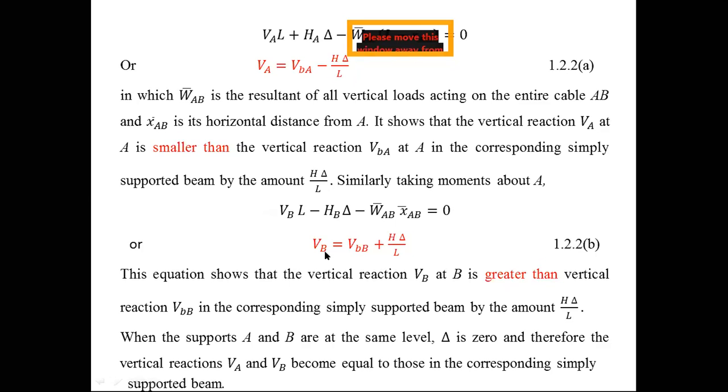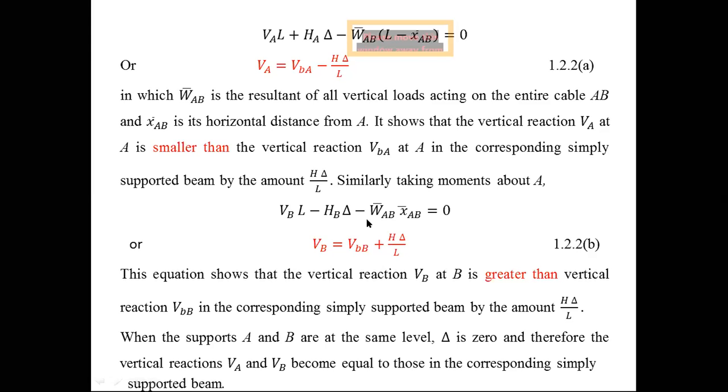Therefore, the effect of uneven supports, reflected by that amount H delta by L, may make VA smaller than VB. So consequently VA is greater or smaller than VB depending upon the eccentricity of the non-uniform loading.